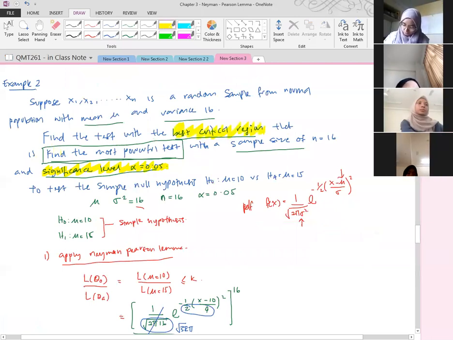The second part is we want to find the most powerful test, which is the power of the test.